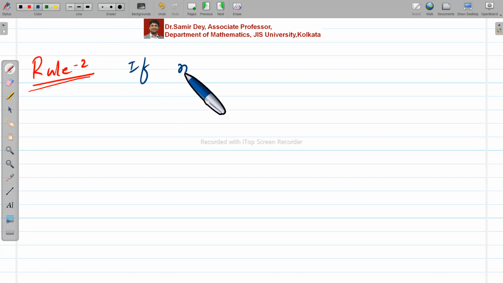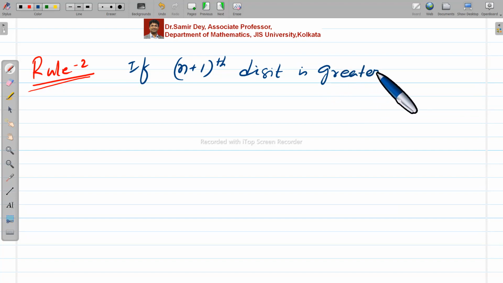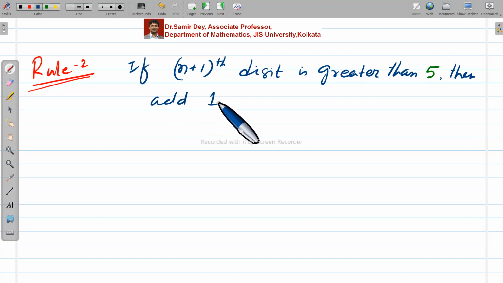If the n plus 1th digit is greater than 5, then add 1 to the nth place digit.